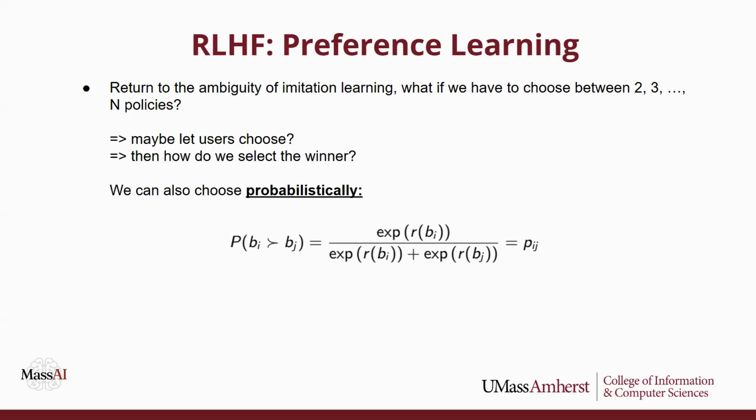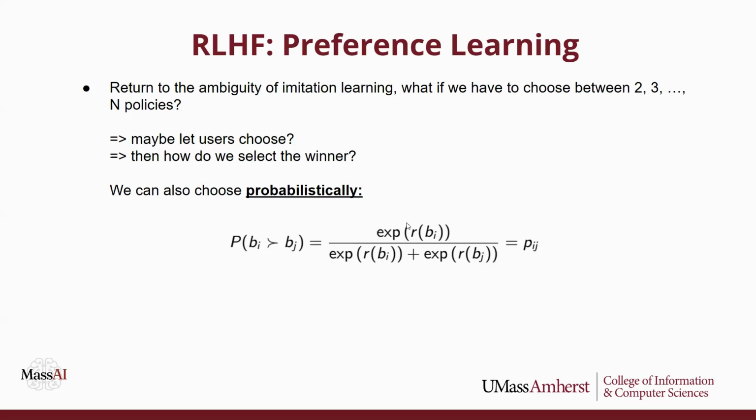Okay, so it might be a little overwhelming to look at this algorithm here, but basically P of Bi larger than Bj is interpreted as the probability that option i is preferred by someone not polled, an independent user, over option j, and it is equal to this formula.